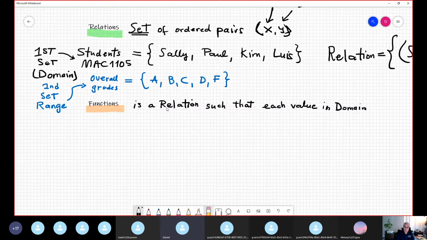Entonces each value in the domain is associated with, and this is the most important word in the definition, or two words, only one value in the range.